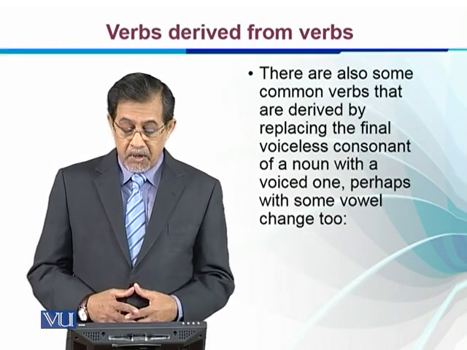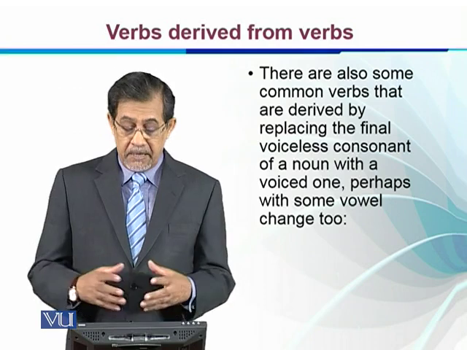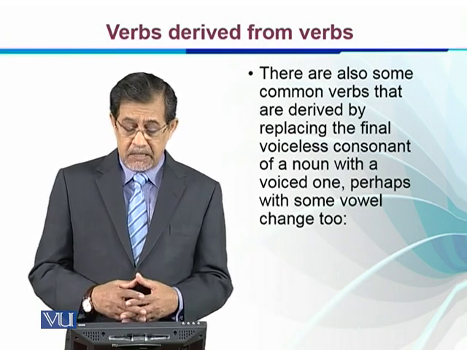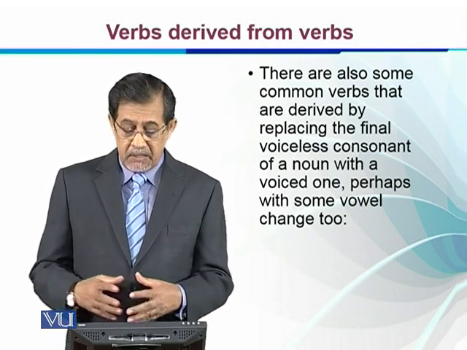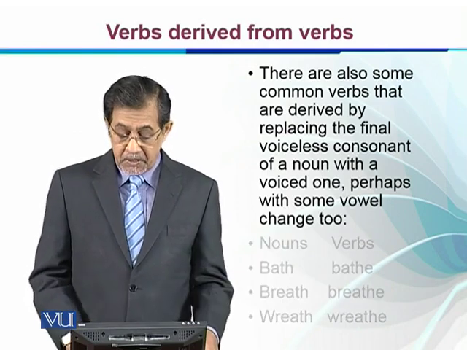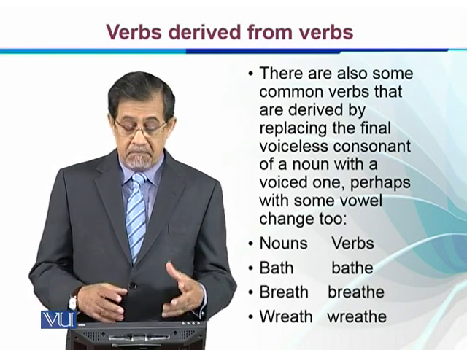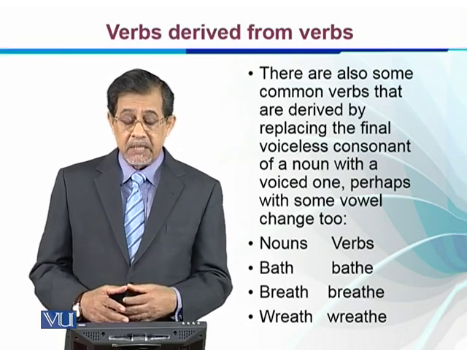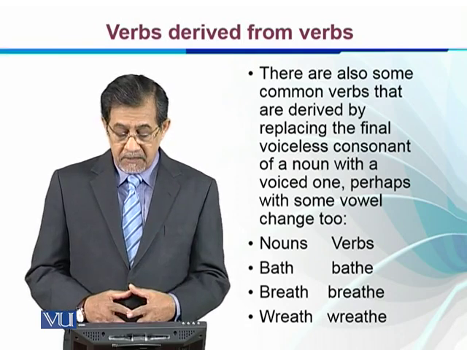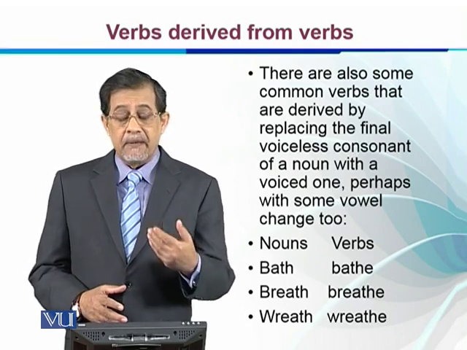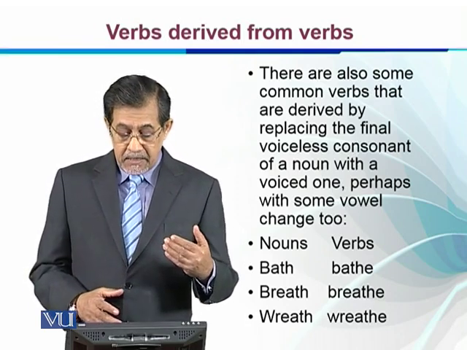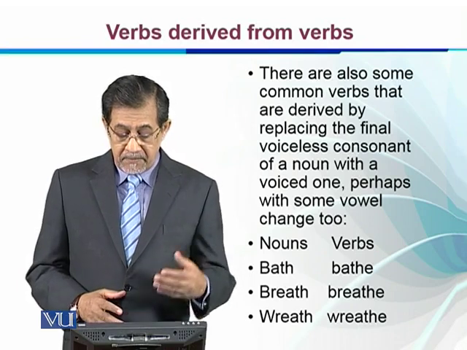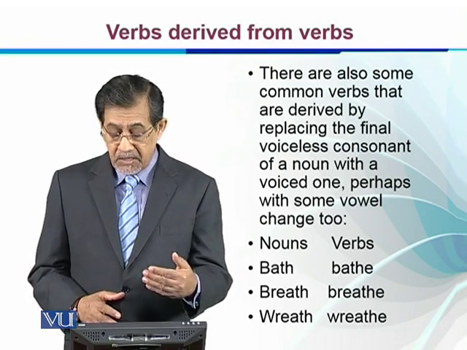There are also some common verbs that are derived by replacing the final voiceless consonant of a noun with a voiced consonant. For example, we have the noun bath and we make it bathe. Bath has a voiceless fricative, and bathe has a voiced fricative. Breath and breathe. And similarly, we have wreath and wreathe.